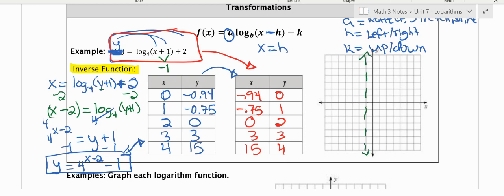So negative 0.94, 0, and then I got here 0.79, 1, and then 0, 2, and then 3, 3, and then 15, 4. So I'm going to go ahead and graph this, and this would be my log function here. You can see the original would have 1 through (1, 0). So another way you can do this is you could take your (1, 0) and move the points. That's another way you could go about graphing it.